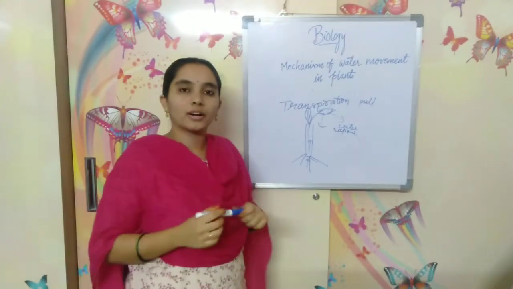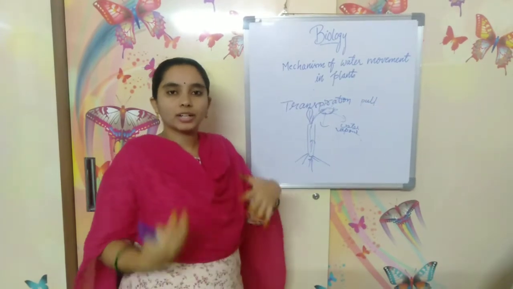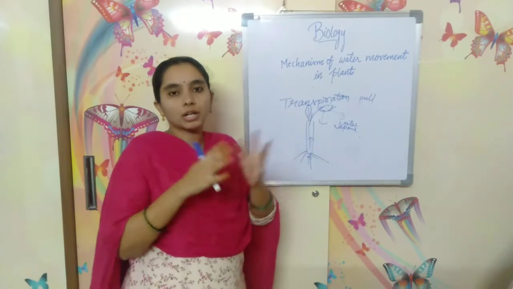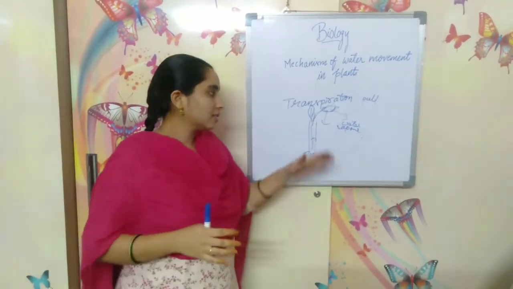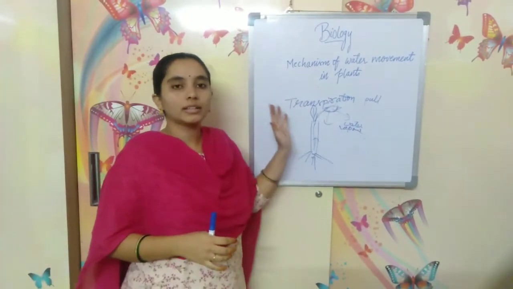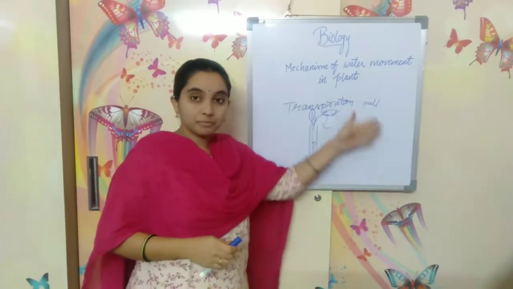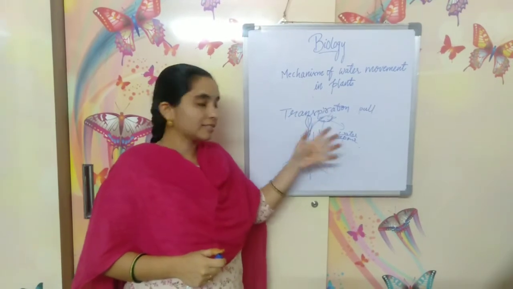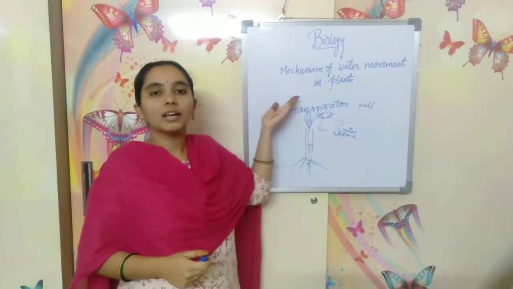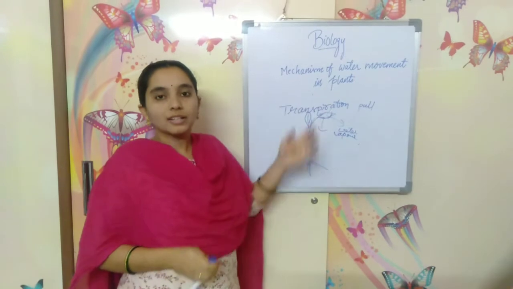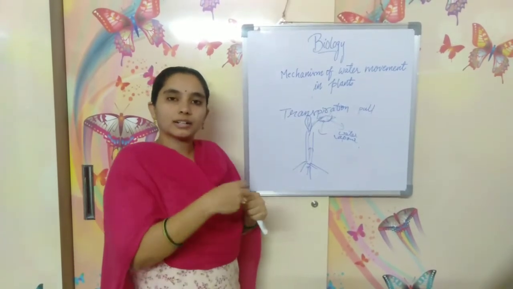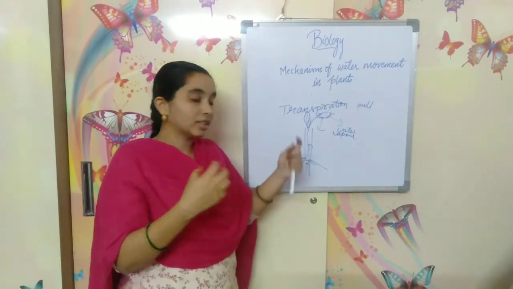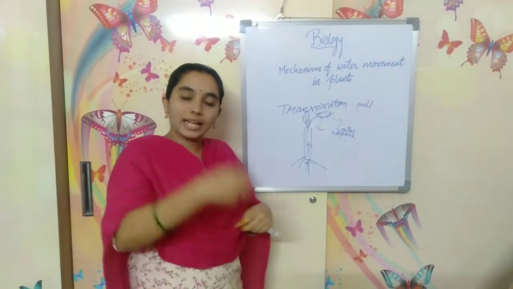You already know what evaporation is. Water changes from the water state to the vapor state and forms clouds in the sky. In the same way, the evaporation of water from the leaves is called transpiration. When leaves transpire water out of the plant, there is a continuous pull on the water, on the xylem bundles, to take the water.